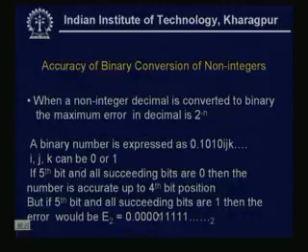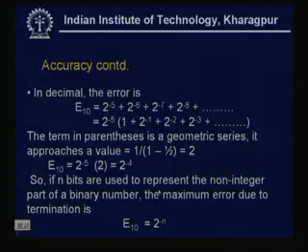Actually I have dropped the 5th bit and all succeeding bits, and if they were all ones, we have defined this as the error. This is the place value after the decimal point, this is the 5th bit. So, it will be 1 into 2 to the power minus 5. The second one is 1 into 2 to the power minus 6.